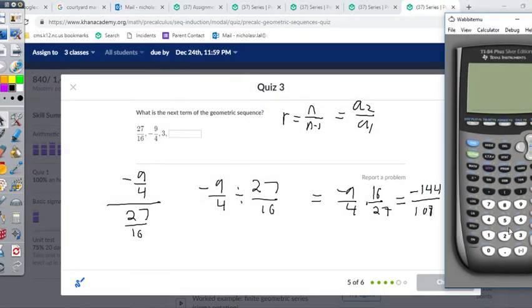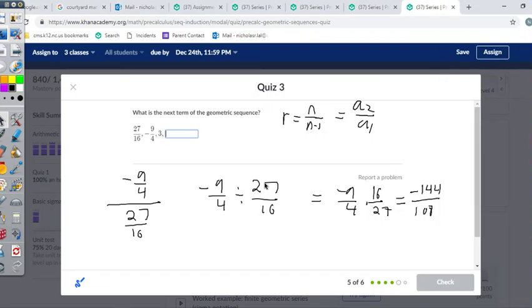So I have negative 9 times 16, negative 144, divided by 4 times 27. Negative 144 divided by 108. We need a fraction, so if we do math, frac, that's going to be negative 4/3. So r is equal to negative 4/3.